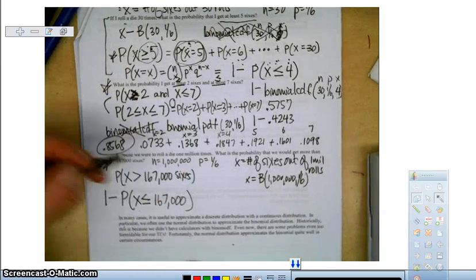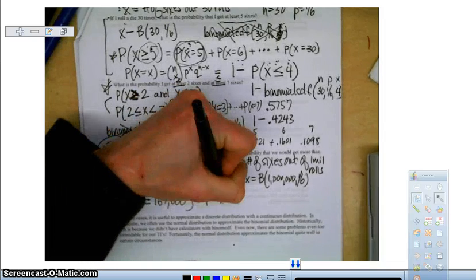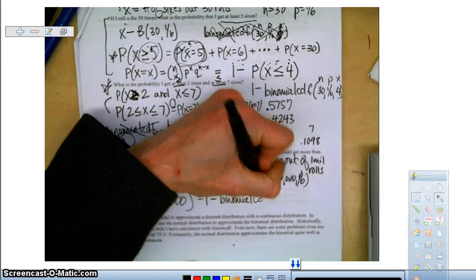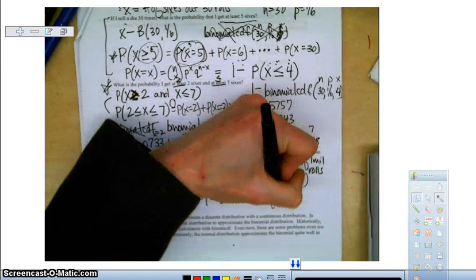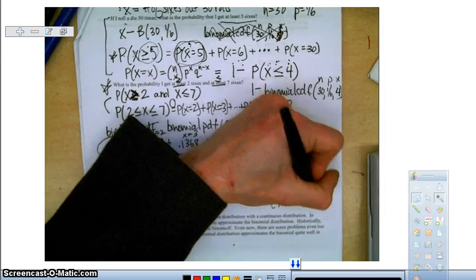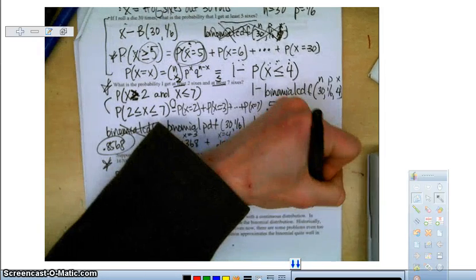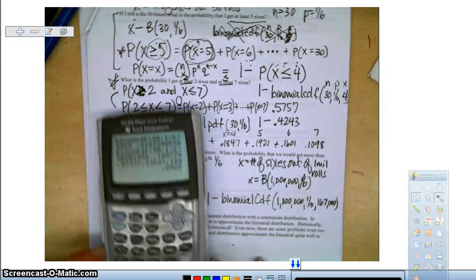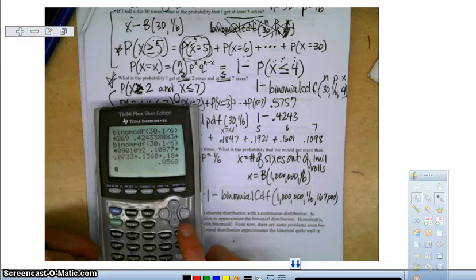Okay, so that would mean we're going to type in 1 minus binomial CDF, and then 1 million, comma 1/6, comma 167,000. So everyone should be doing that right now.